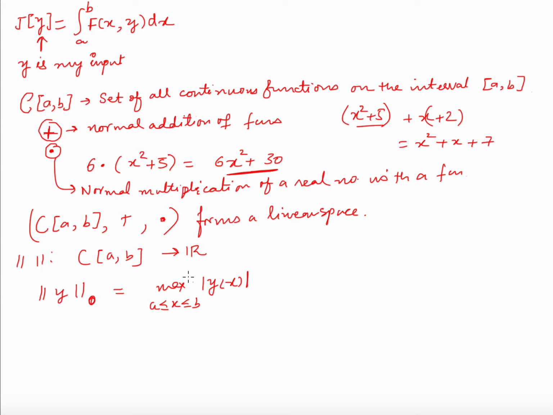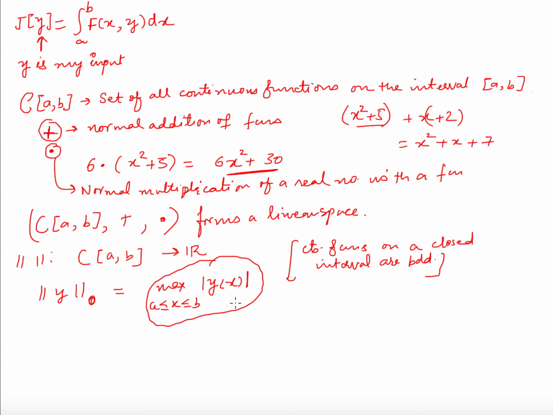So first of all, how do I know that this thing is actually defined? You must know this theorem that continuous functions on a closed interval are bounded. So we know that this bound will actually exist. What is this? This is the bound of the value of y(x), right? And we know that y is a continuous function. This is a set of all continuous functions, so we are taking an element from here.